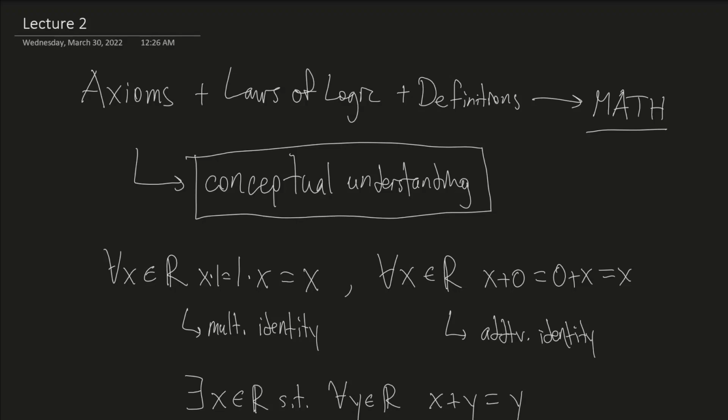But what mathematicians always do is that they realize that there are these useful, repeated, common concepts that show up in whatever work they're doing, and they say, well, hey, we should probably call this something, give it a definition, and study it more. So alongside the axioms and laws of logic, we introduce definitions into our fields of study, and that kind of gives us directions to go into.